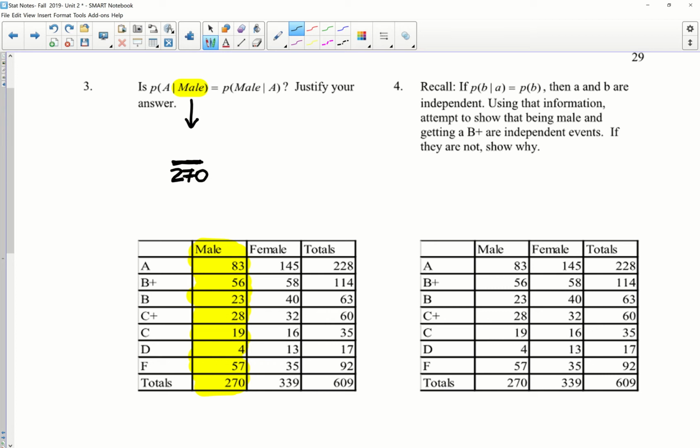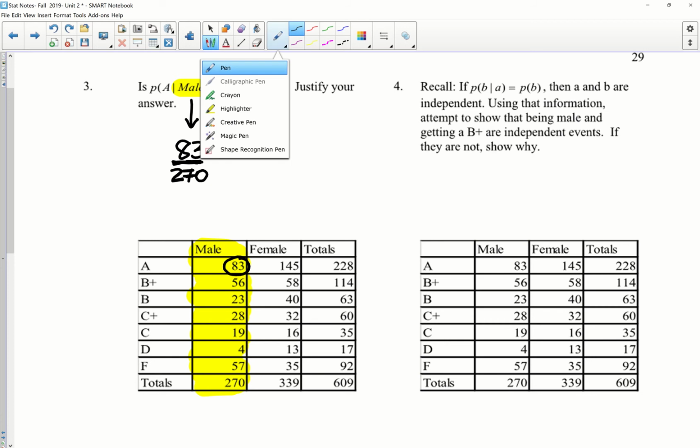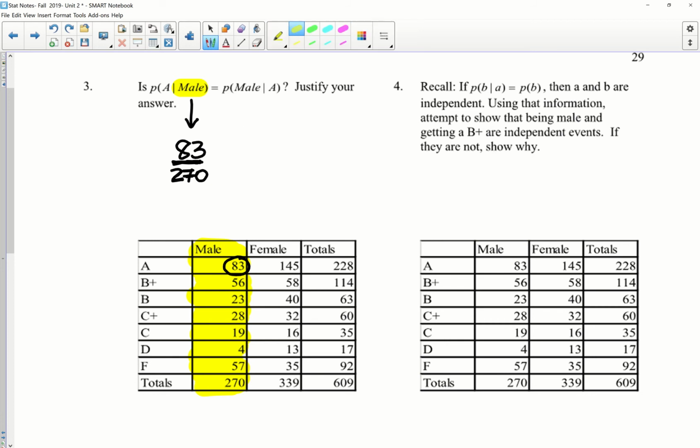The probability of getting an A. So the number of A students within that category only, 83 of them. As opposed to the probability of being a male given that you got an A. So I'm going to focus on this category, the A category.